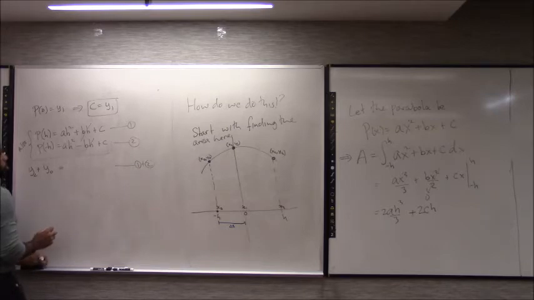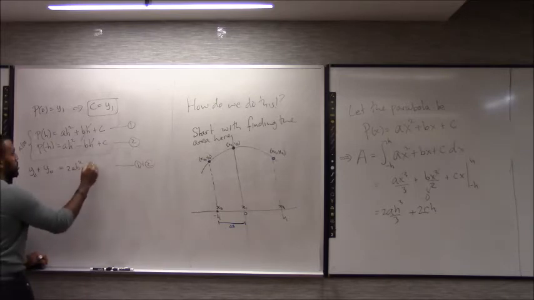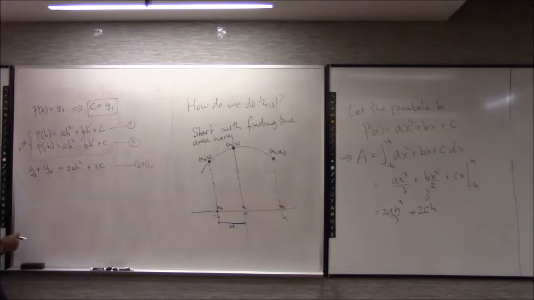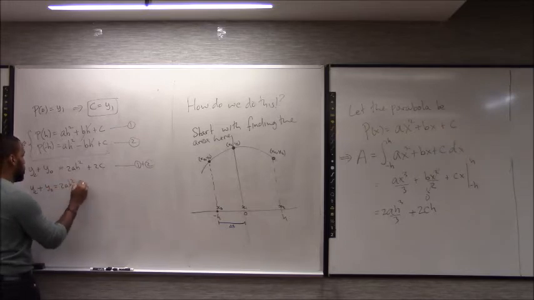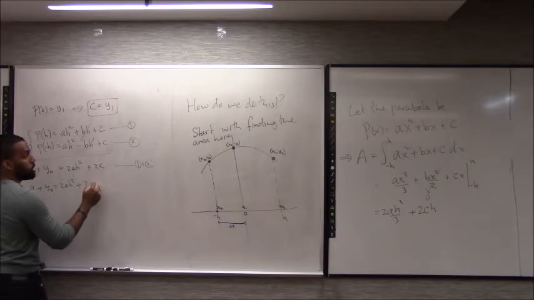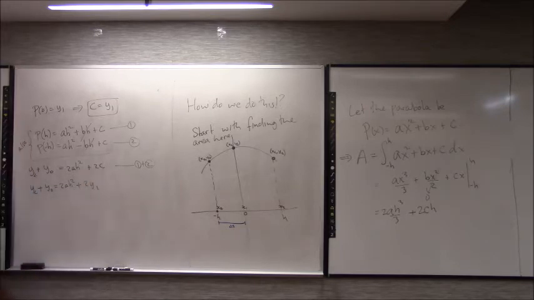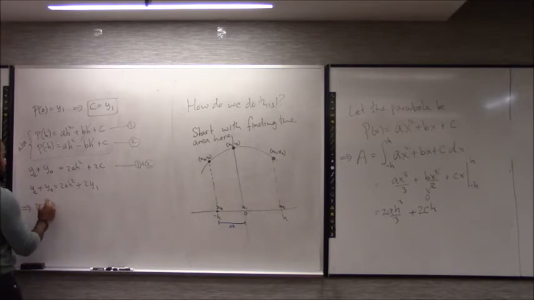And so what I end up with here is basically 2ah squared plus 2c. And the 2c I know, so y2 plus y0 equals 2ah squared plus 2y1. And so basically here I can get my 2ah squared.